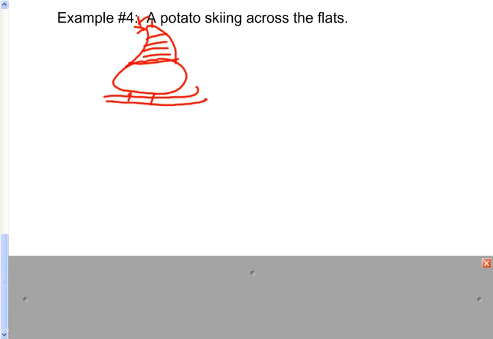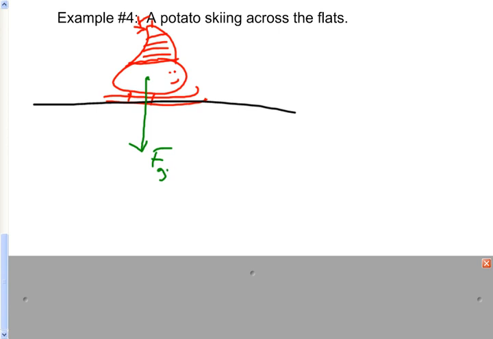So if it's on the flats, that means it's already come down the hill, it's cruising along, maybe heading over toward the lodge or something like that, and it's a good ski day. So in this case, you've got the snow. What are the forces acting? Well, it should be pretty easy so far.